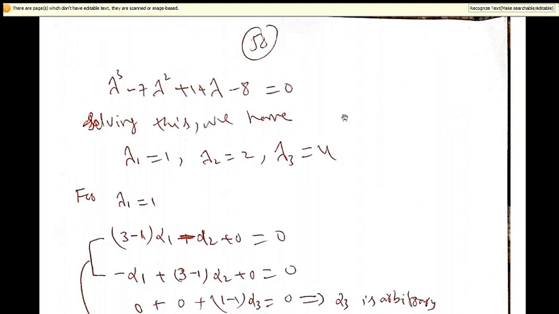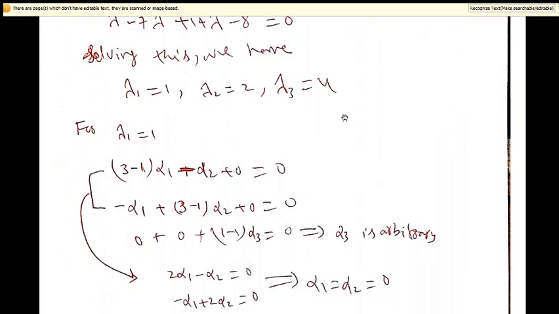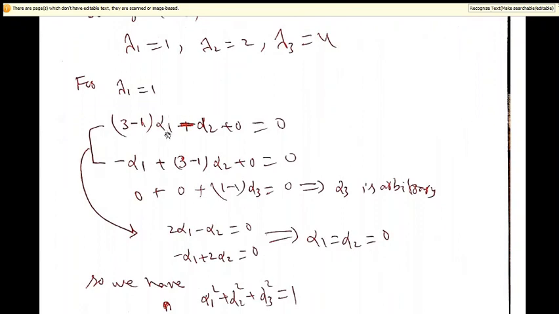Now we will find the corresponding principal directions. For lambda 1, we again make use of equation number 4 on page 34. 3 minus 1 into alpha 1, minus 1 for T12, T13 is 0, so it will be 0. Here T21 is minus 1 and T22 is 3, so 3 minus 1 into alpha 2, plus T23 which is 0.